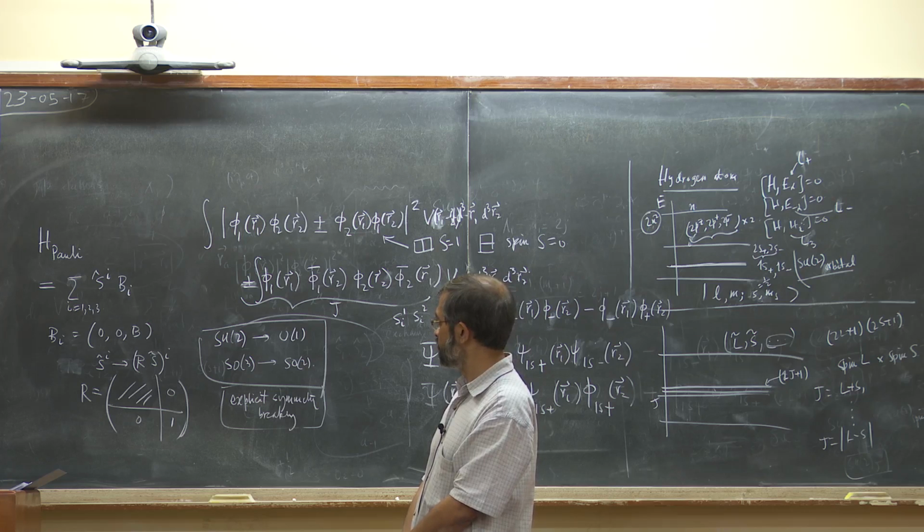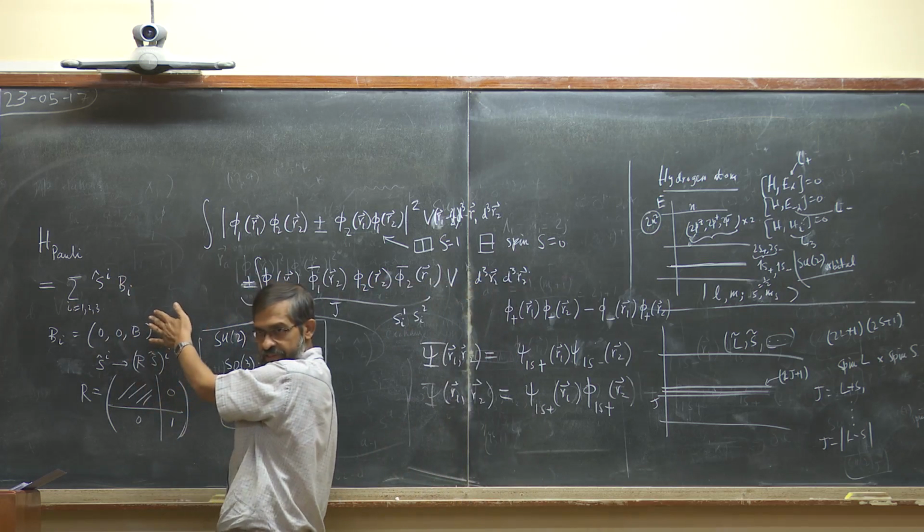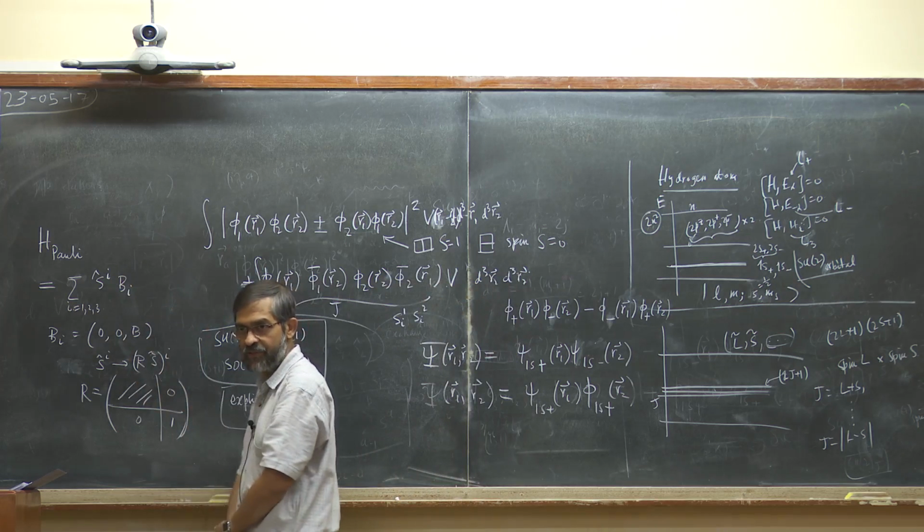So here you have gauged this residual symmetry U1 just by looking at it. You are saying if I think of this as the dynamical field and this is the vacuum expectation value of B, that's what you were saying?